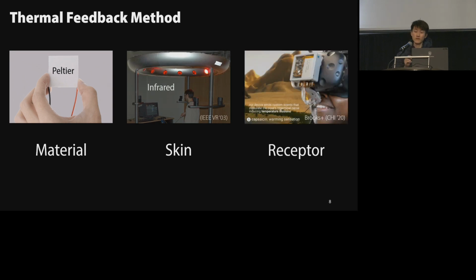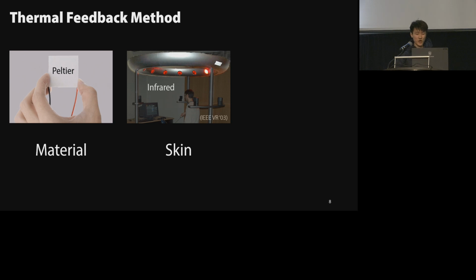Or you can directly stimulate the thermal receptors, which are basically the skin's temperature sensors, using chemicals or electrical stimulation. But I don't think the last one is suitable for changing water temperature, because you need to change the entire chemicals surrounding your skin underwater. It doesn't sound feasible. So I focus on the first two: changing the actual water temperature or using infrared.